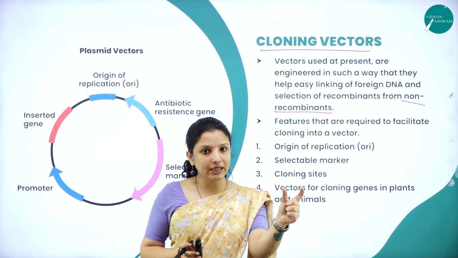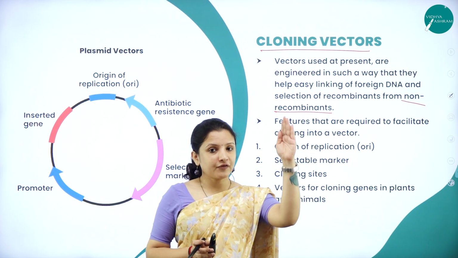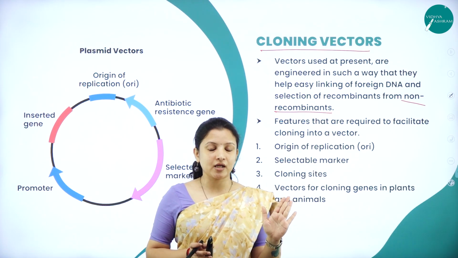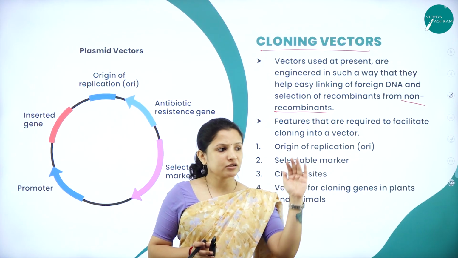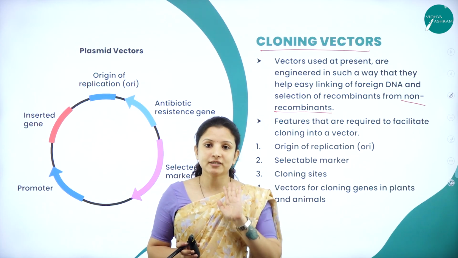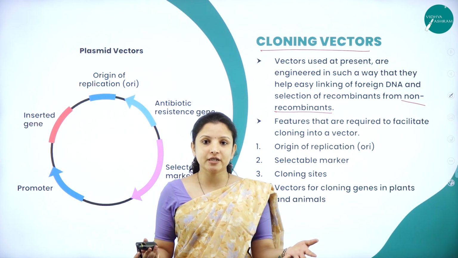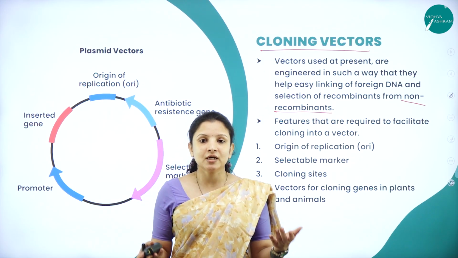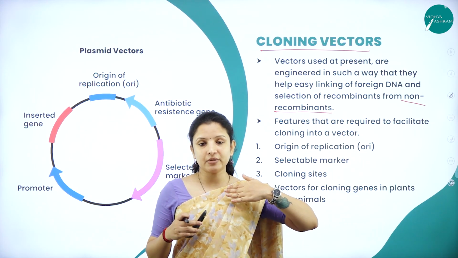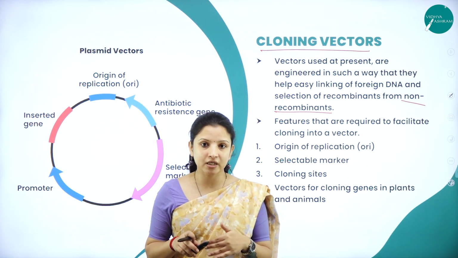Now we have put that foreign DNA from plant A into the vector. Why is it called a foreign DNA? Because I am taking it from somewhere else and putting it into the vector. Think of foreigners: in India, if somebody comes from another country, that person is a foreigner in India.